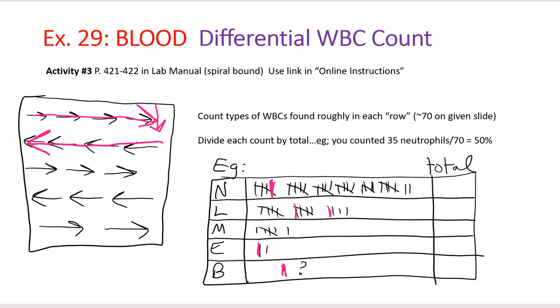Maybe you'll find the one lone basophil on your slide in that row. And then eventually you'll get a total. So you'll get a total amount of neutrophils that you count, and it'll be divided by the total number of cells on the slide. Michael Patterson says there's roughly 60 to 80 white blood cells on this slide. If you count to 50, I'll be happy.